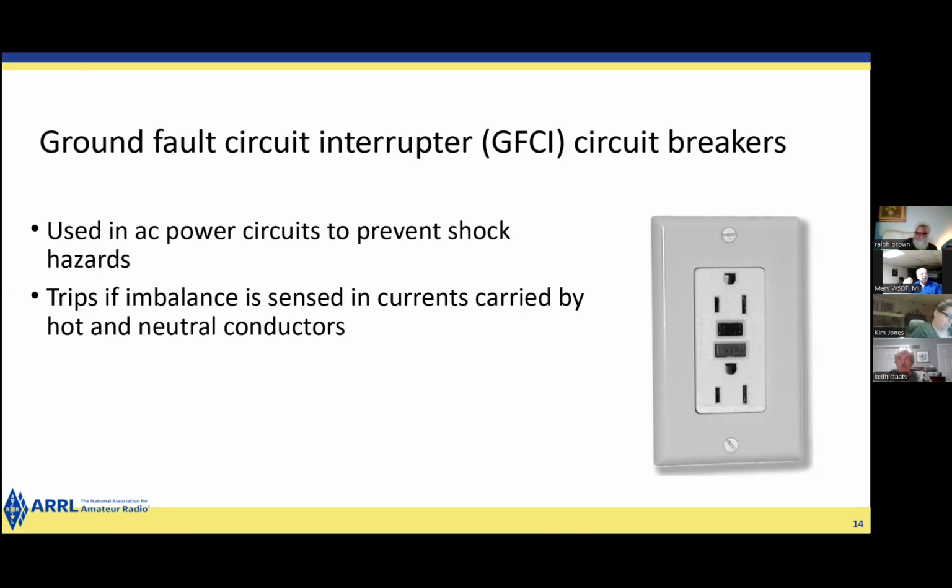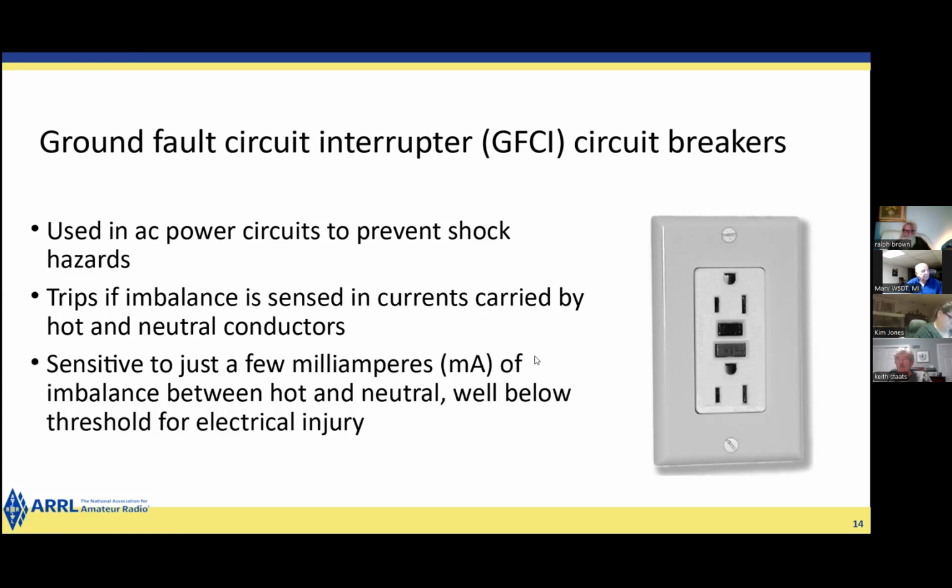They trip if it senses an imbalance in the currents carried by the hot and neutral conductors. They're very sensitive, as you probably have experienced at one time or another.